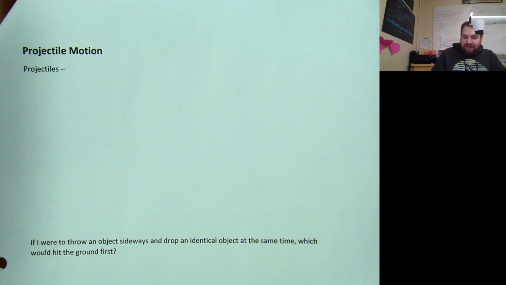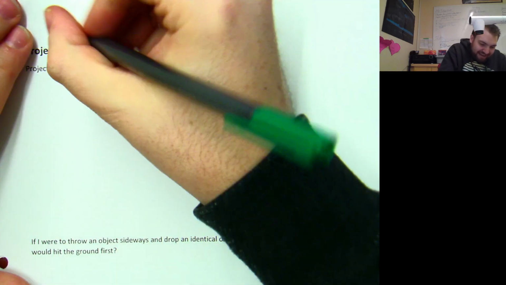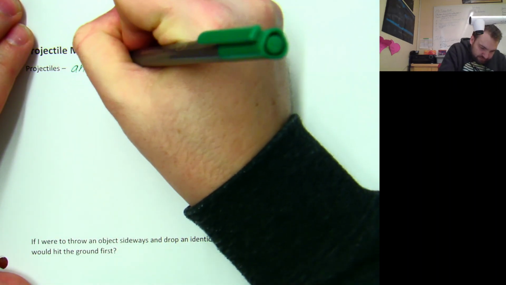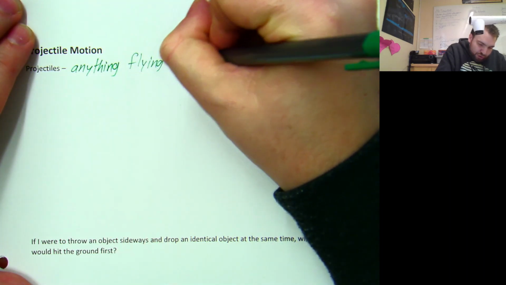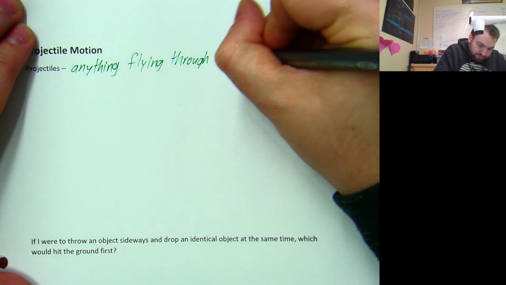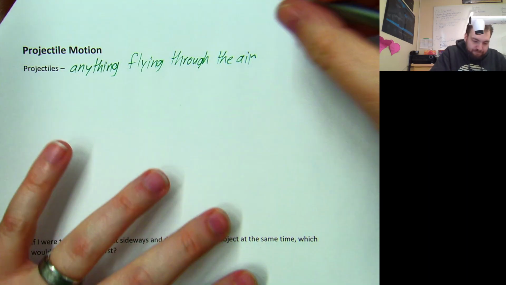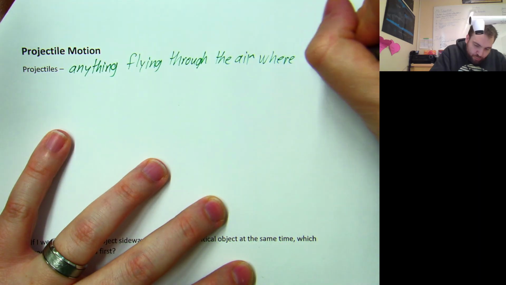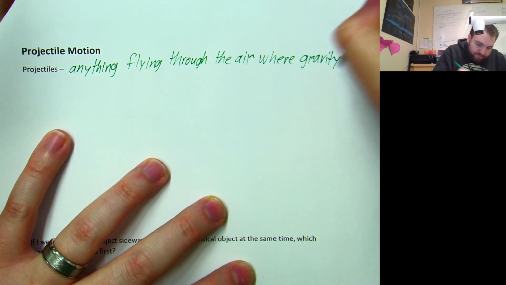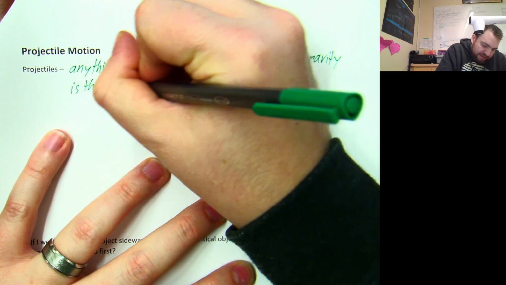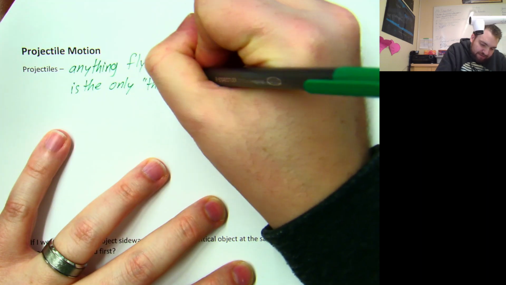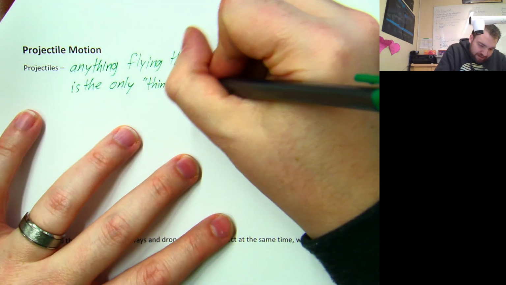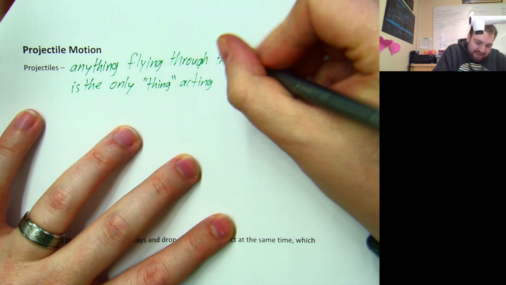Okay, here we go. So projectiles. This is where things end here. The definition of a projectile is anything flying through the air where gravity is the only, and at this point I'll just call it a thing because we haven't really talked about forces, the only thing acting on the object.